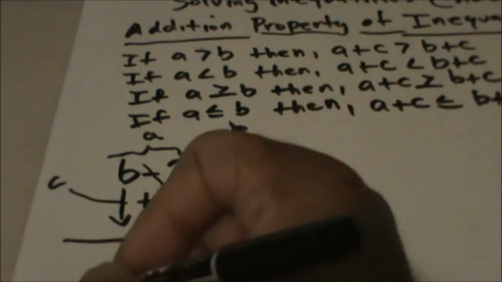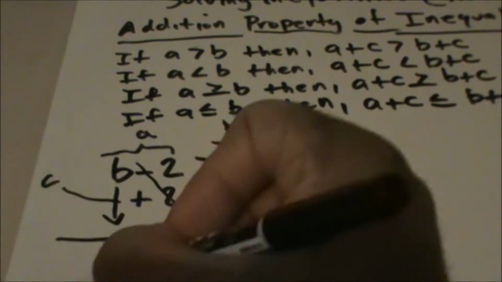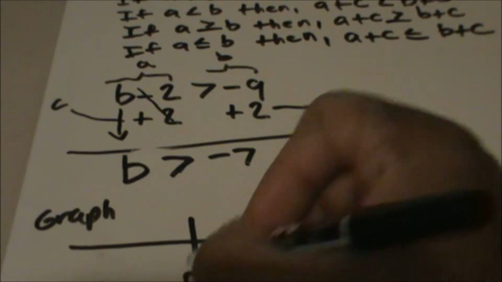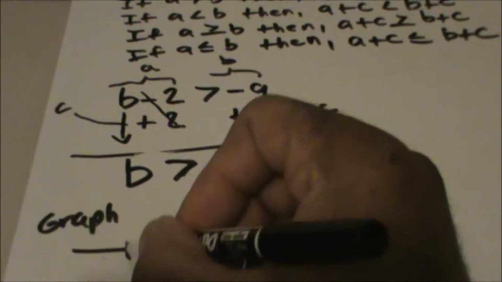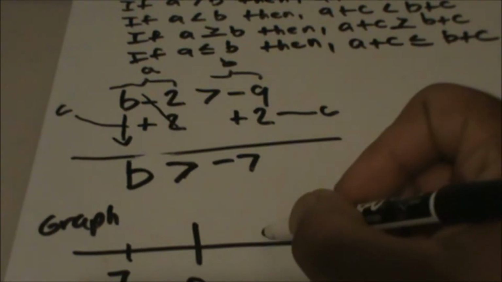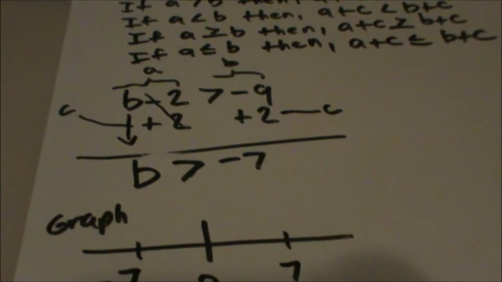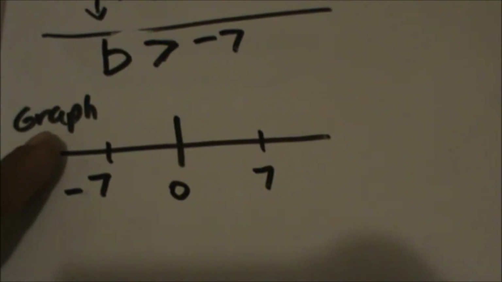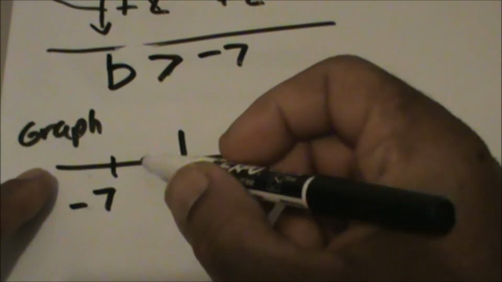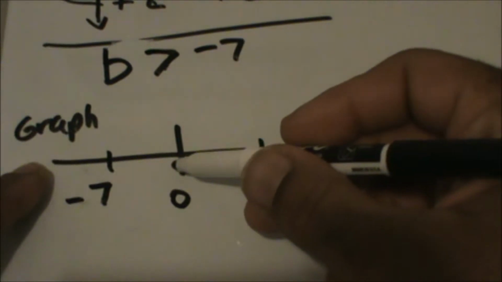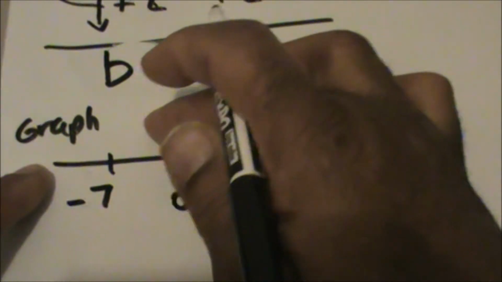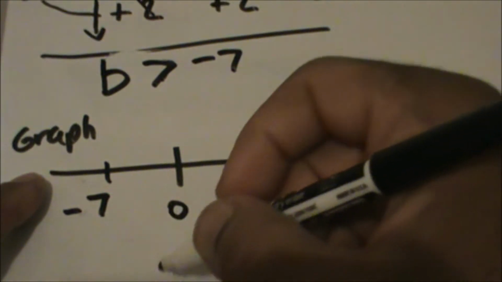Now, let's graph. I'm going to make a shortcut on the graph. I'm going to look at negative 7 as our solution, and I'm going to look at 7, both sides. You don't have to graph like this, but this is an easier way to show it, instead of writing unit by unit for an interval of numbers. Now, here's the thing.